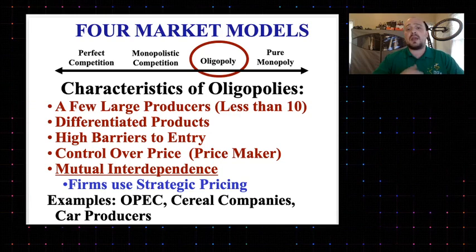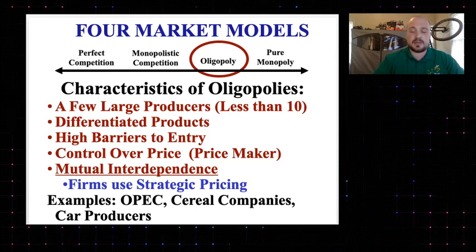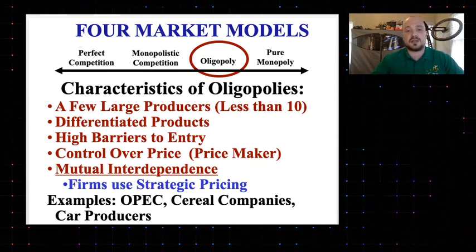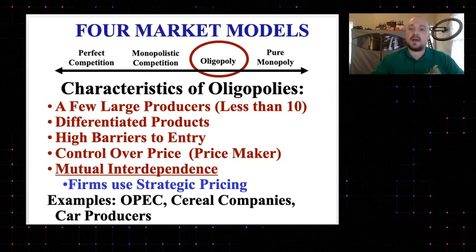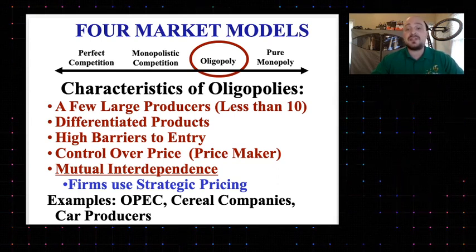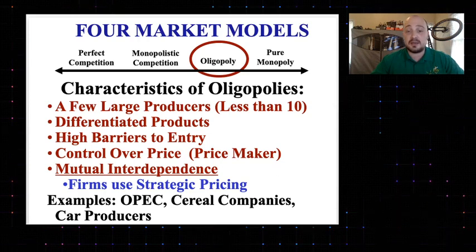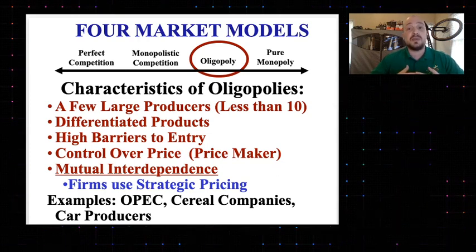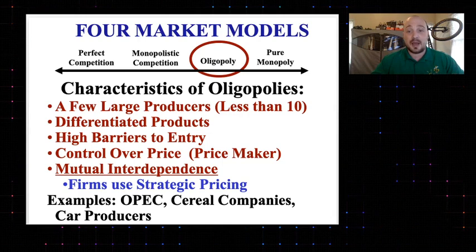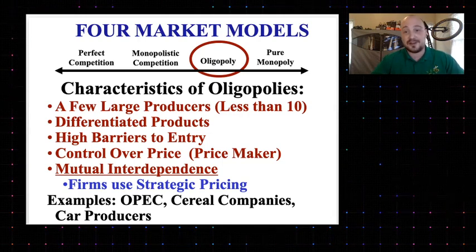Probably the most important characteristic of an oligopoly is high barriers to entry. It needs to be very, very expensive to get into the business. If it was easy to become a streaming website, I'd be a streaming website instead of a teacher on YouTube.